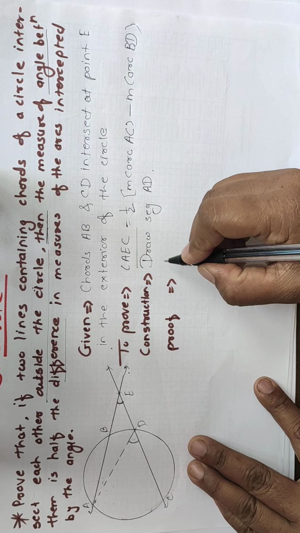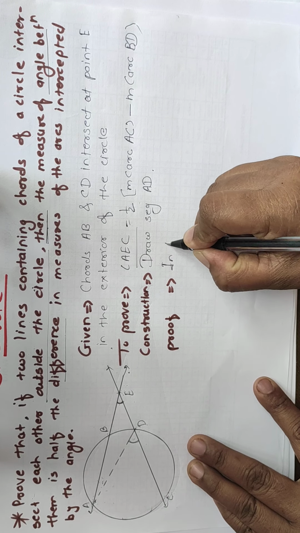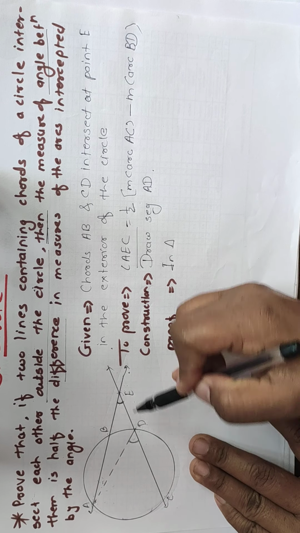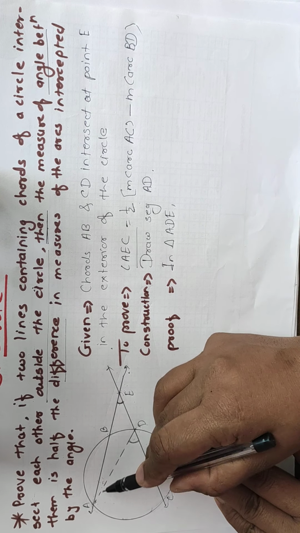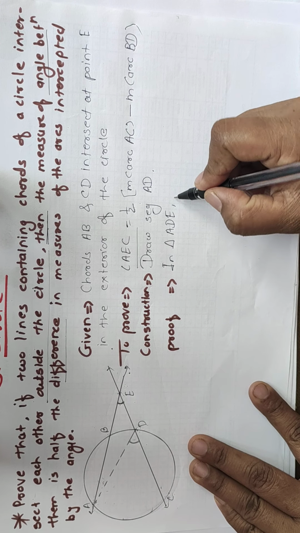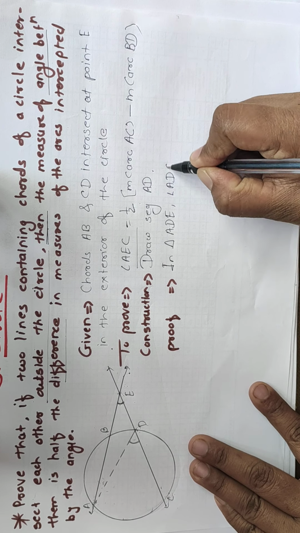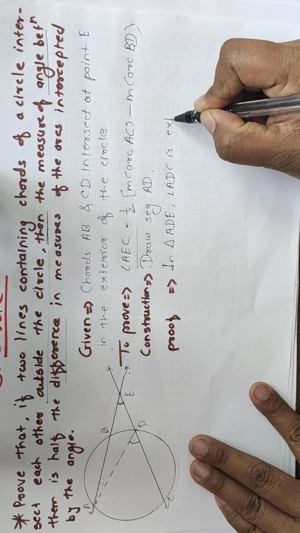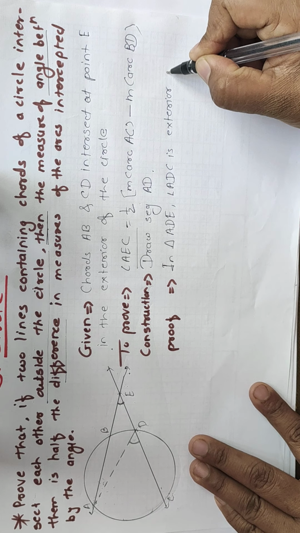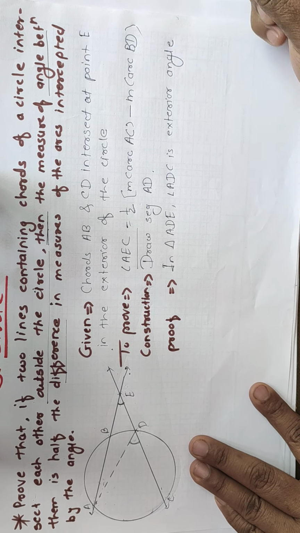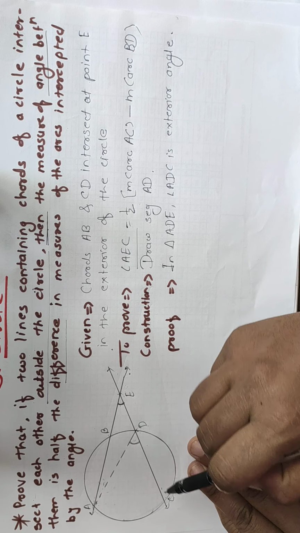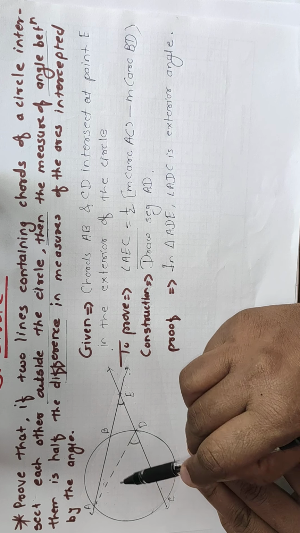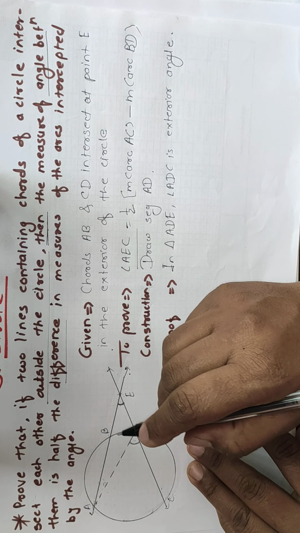So first of all, write in triangle ADE, angle ADC is an exterior angle. As we know, the measure of the exterior angle is equal to the sum of the remote interior angles.